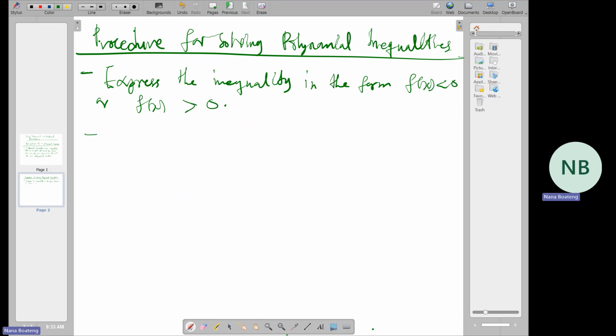And the next thing is we have to solve the equation f of x is equal to 0.